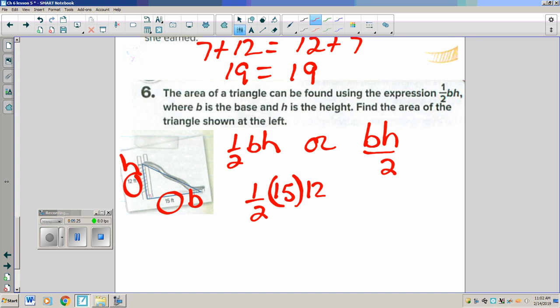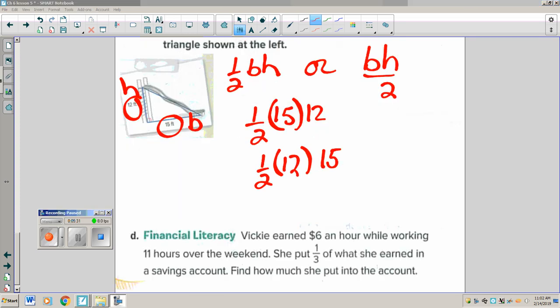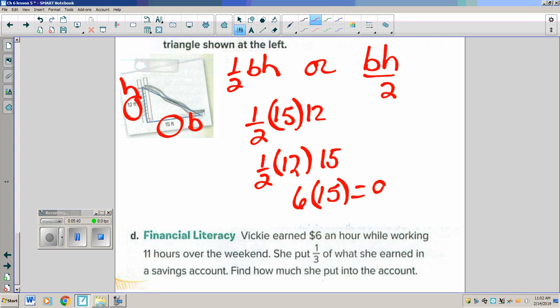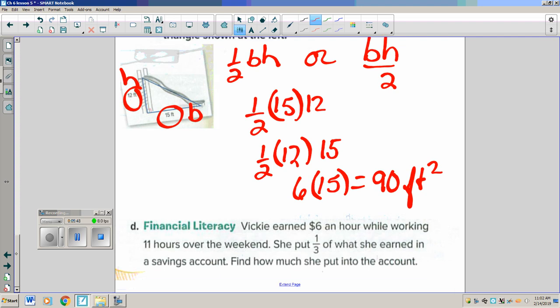If you would rather, go 1/2 of 12 times 15. It's easier to take half of an even number. So this is 6 times 15. That equals 90. Remember, area is feet squared. We write feet squared, we say square feet.